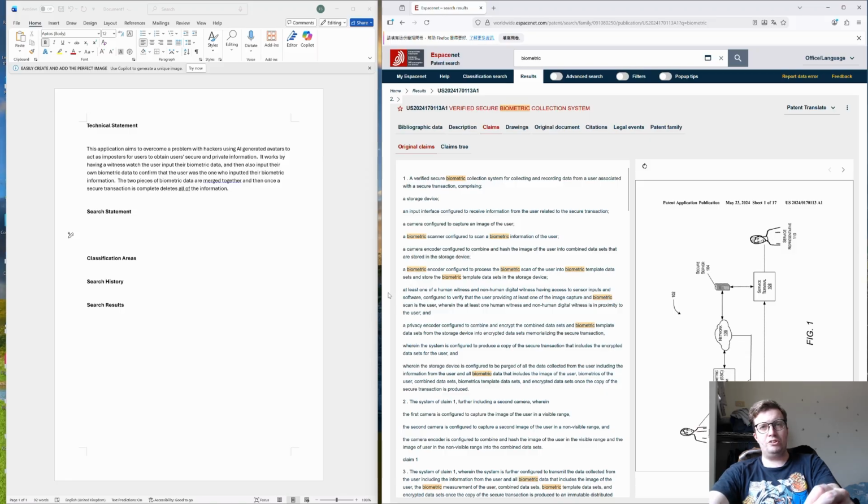So the witness, I'm thinking about what the key features are here. The key features are that you've got biometric input and a witness, so two pieces of biometric information from two people. They're merged together and then it's deleted. That's what we're looking for in a nutshell.